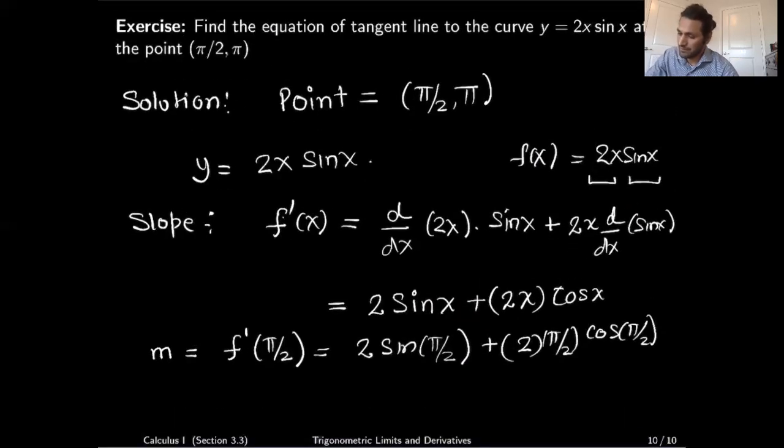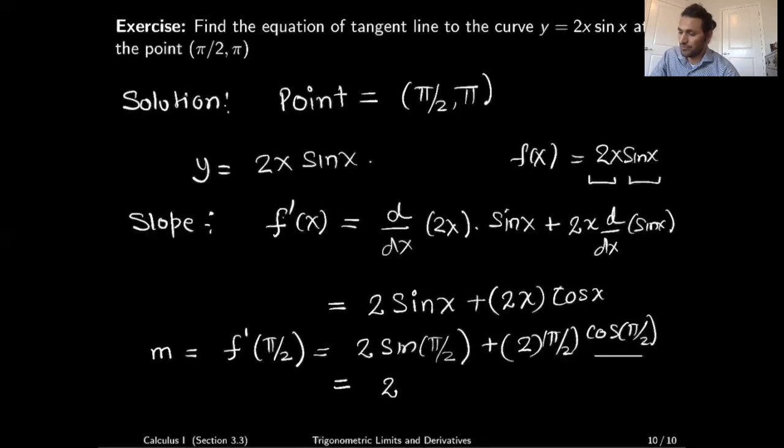If you simplify, sine pi by 2 is 1, so the first term is 2. However, cosine of pi by 2 is 0. So it's 2 plus 0, that's just 2.